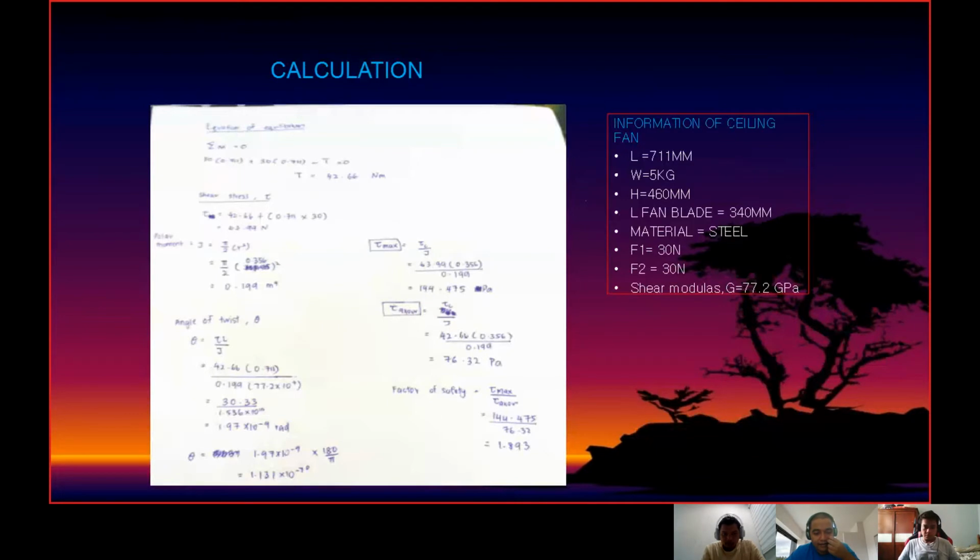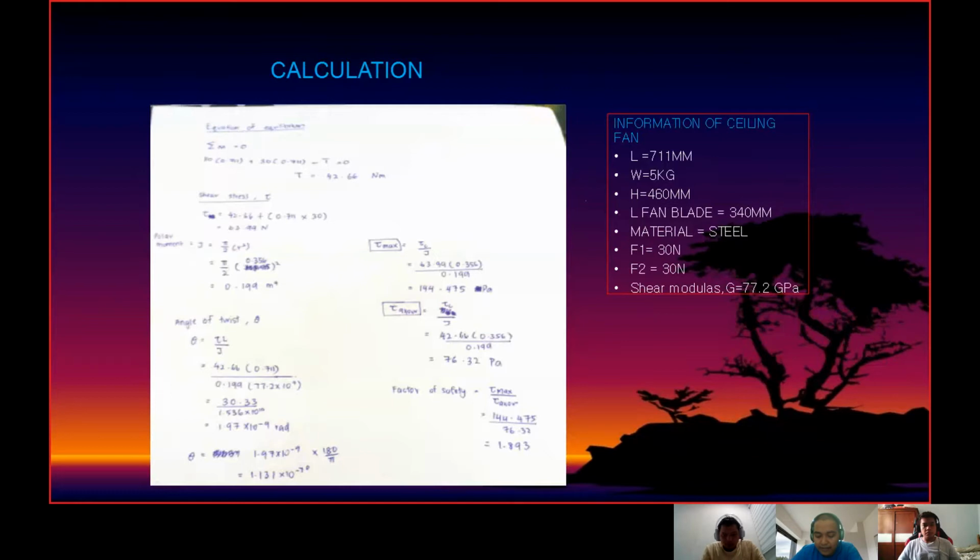So for the equilibrium, we get the torque is 42.66 Newton meter. We also calculate the shear stress and we get 63.99, and the polar moment we also calculate, we get 0.199.